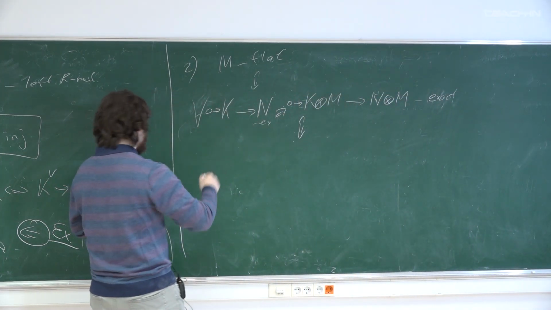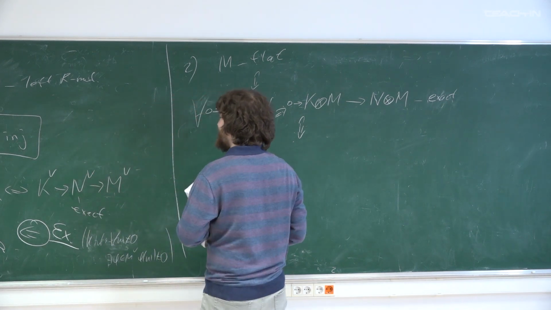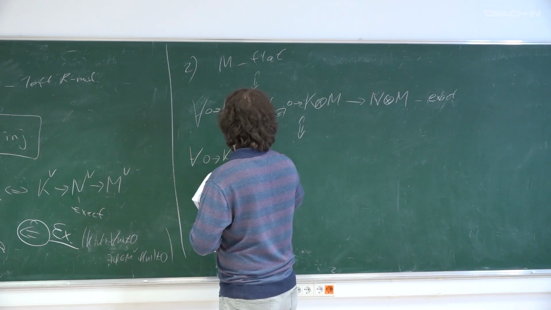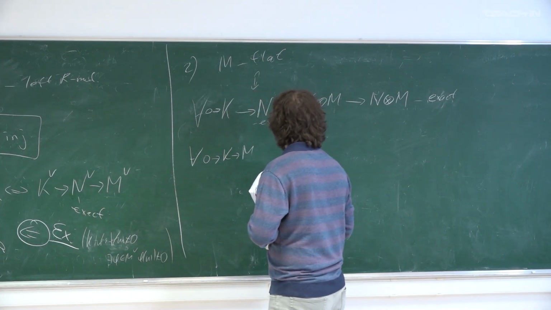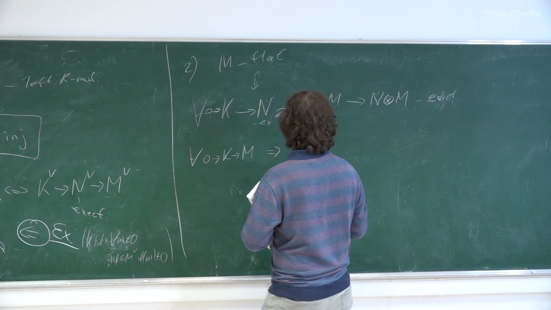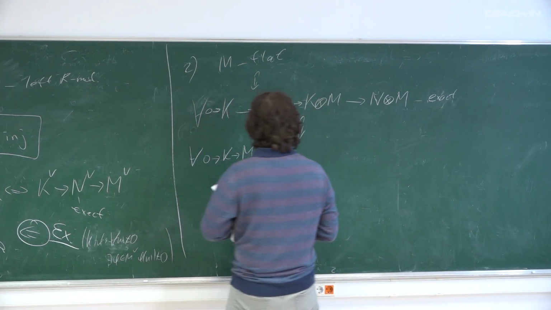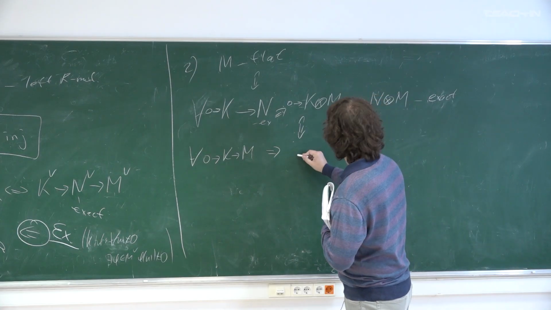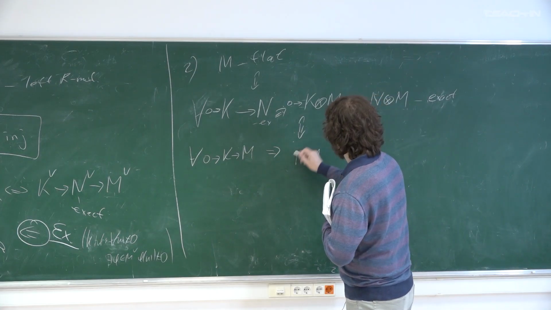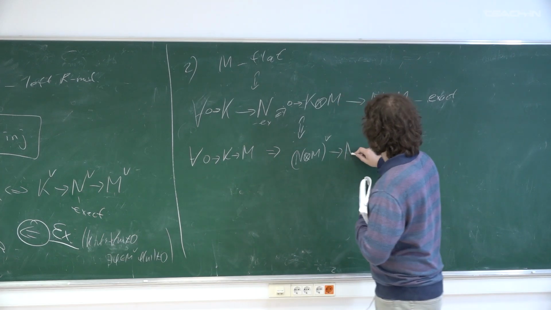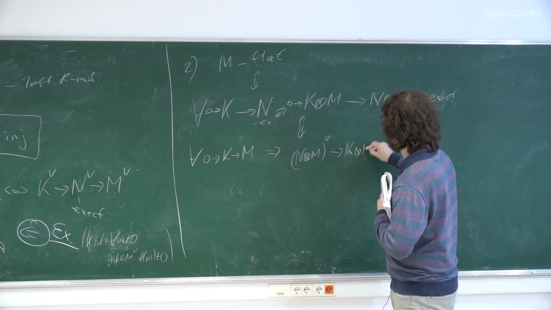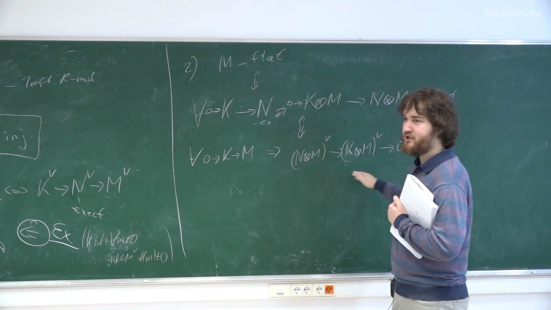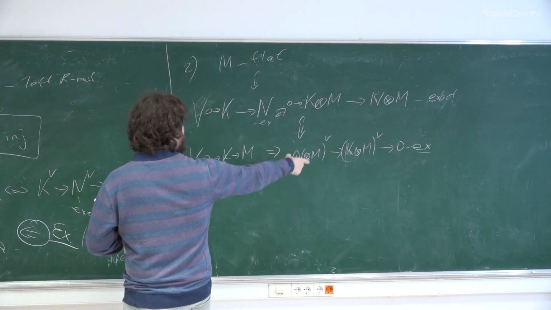Now I can apply my duality, my check, for any short exact sequence. This dual sequence is exact. The dual sequence is in the opposite direction. So in fact, this map is a surjection, because this is equivalent to this.